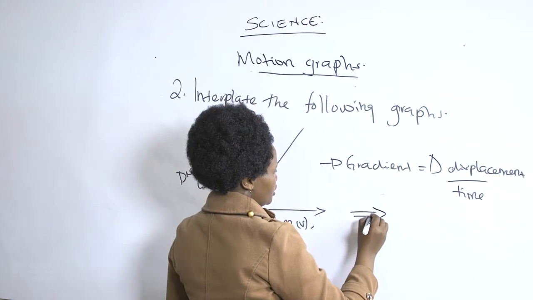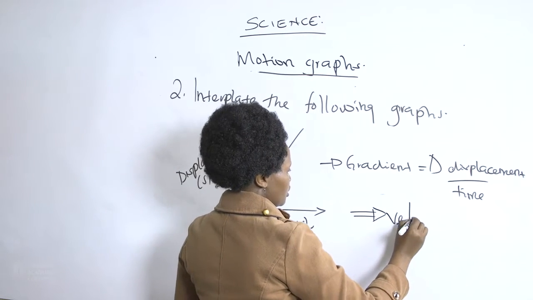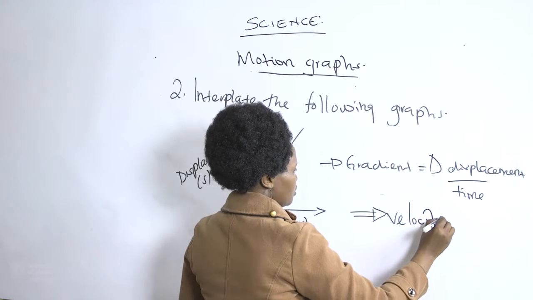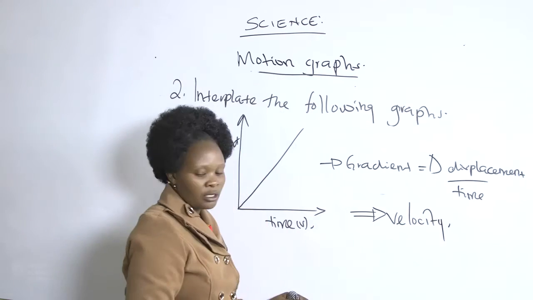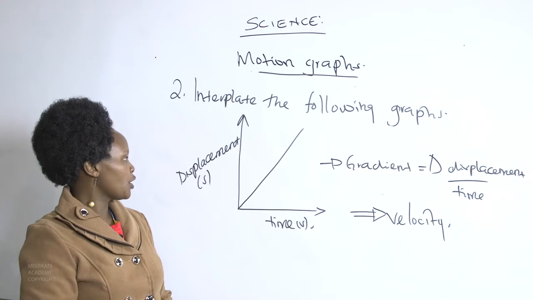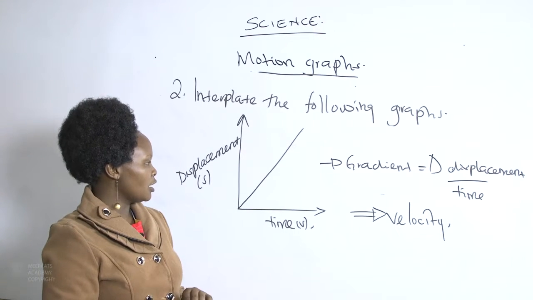Therefore, the gradient shows us the velocity of the body.